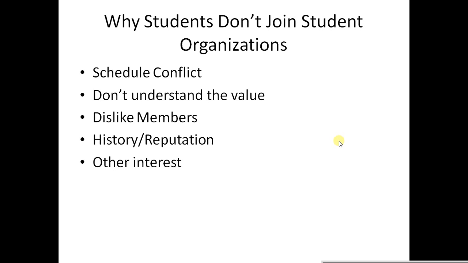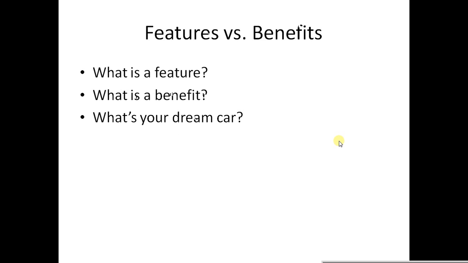And this goes into a lot of different things, but ultimately, people don't want to be associated with certain things. So that's something to consider. And then people have other interests. So maybe your organization isn't the one for them. They have other things that they're trying to do. So understanding why people join and why people don't join is going to be very significant to your ability to invite people to your meetings and get them to join your organization.